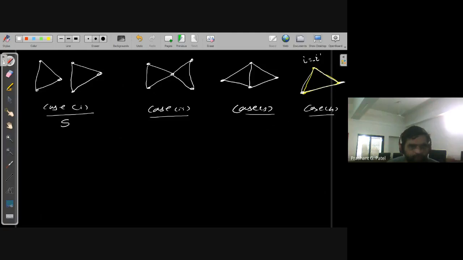I will say this is S1. Whatever vertices satisfy this situation, it is S1. For these two, it is S2. For this one, it is S3. For this one, it is S4. So let's say it is denoted by these names.